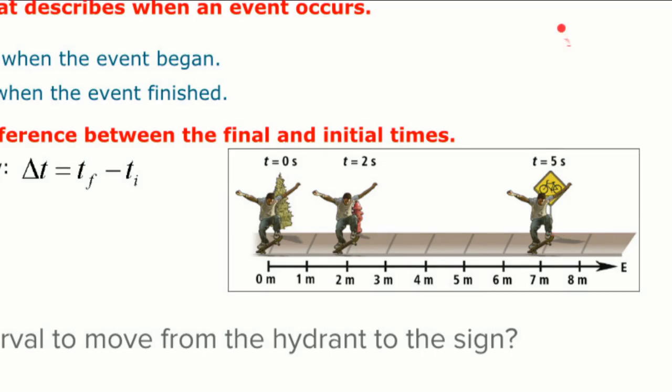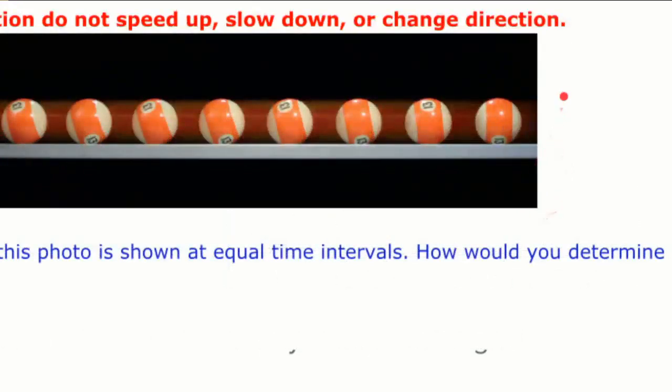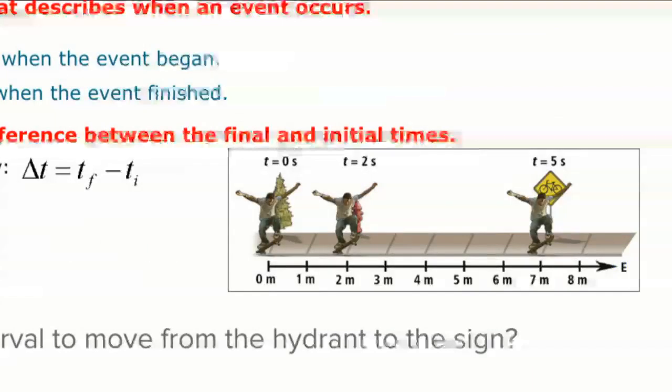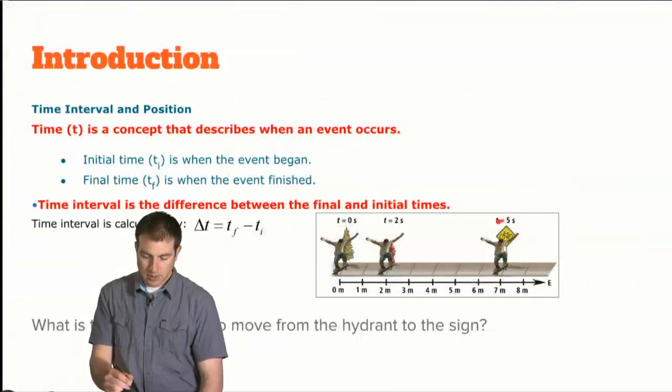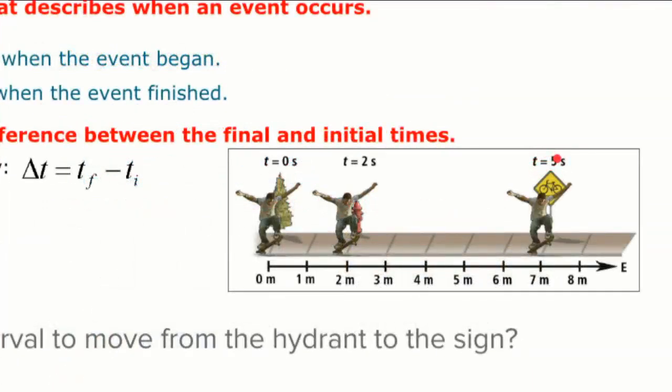Even though at the sign you're at 5 seconds, the event, from the hydrant to the sign, only took 3 seconds because you're at 2 seconds, 3, 4, 5. And you're here. So 5 minus 2 gives you 3 seconds. That's what you're doing in your head. So that event took 3 seconds.